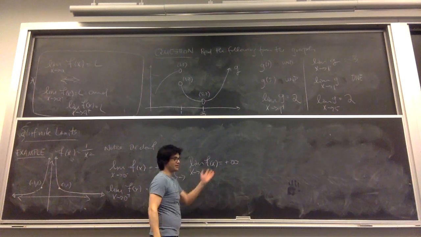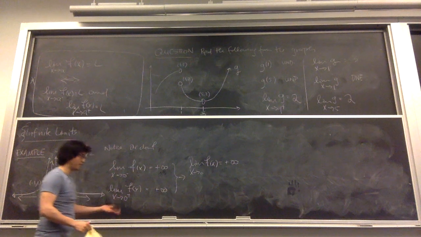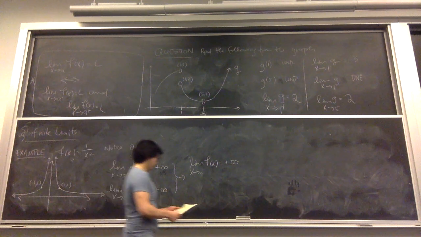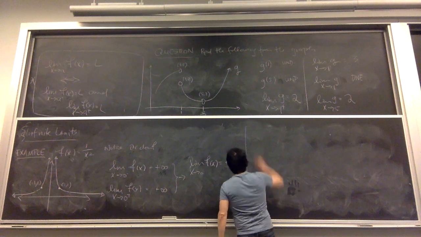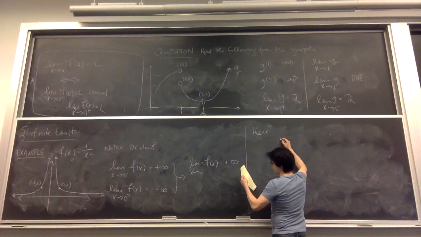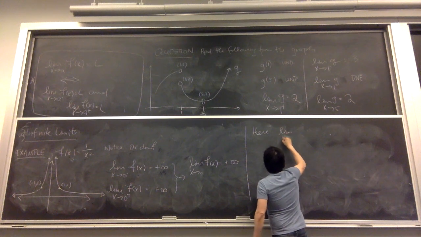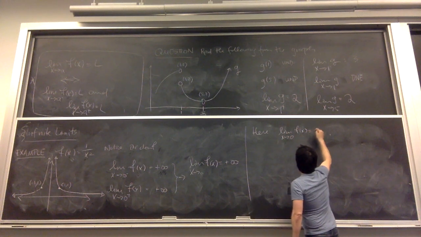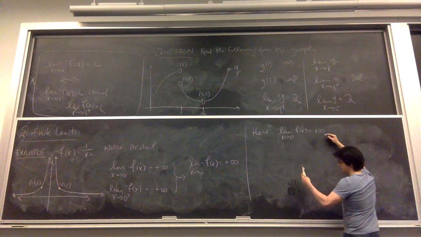You don't have to write the positive. I'm just doing it there to emphasize that it's not the negative one. So again, the limit as x goes to 0 of this function equals positive infinity.